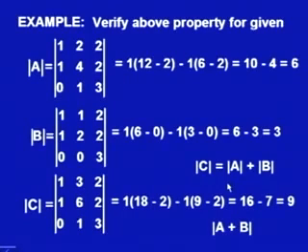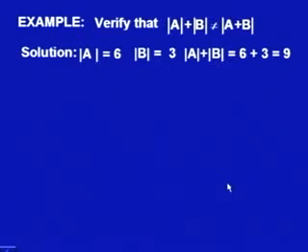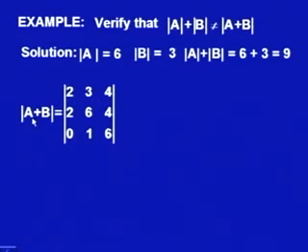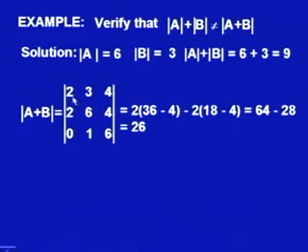But if you compute the determinant of A plus B, then it will not come out to be the same. Let us see this. We have already computed determinant A as 6, determinant B as 3, and determinant C as 9, but if you compute the determinant of A plus B, this comes out to be 2 into 36 minus 4 minus 2 into 18 minus 4, that gives me 64 minus 28, and finally the determinant of A plus B is 26.